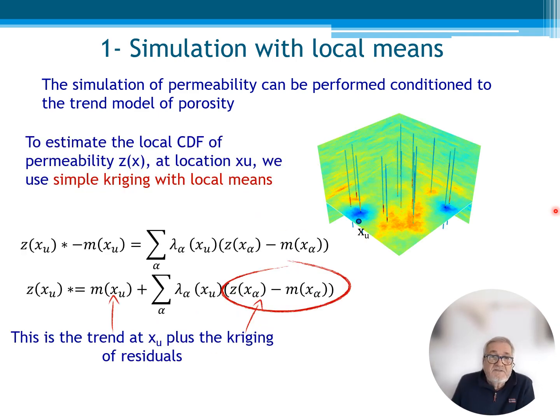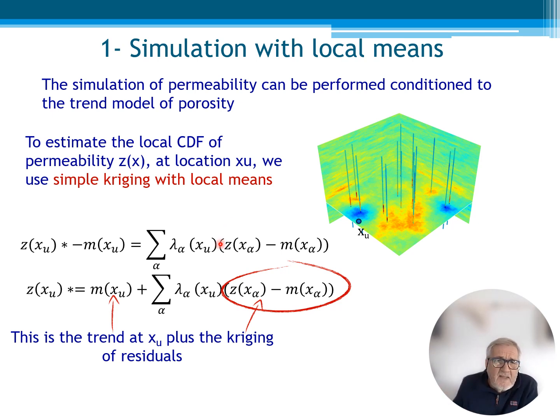So the simulation of permeability can be performed conditioned to the trend model of porosity. To estimate the local CDF of permeability at any location, for example, this one here, xu, we use simple kriging with local means that we have learned in the introductory course of geostatistics.